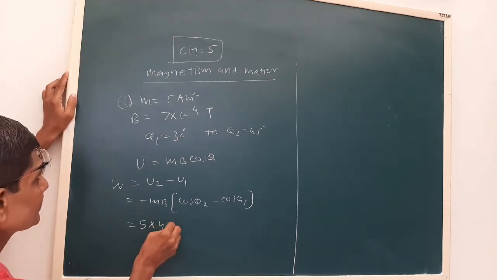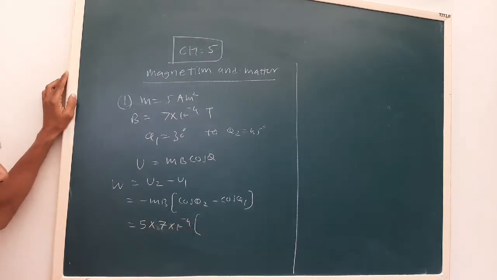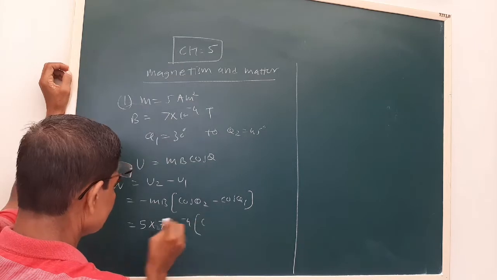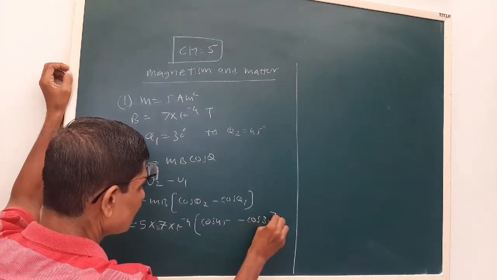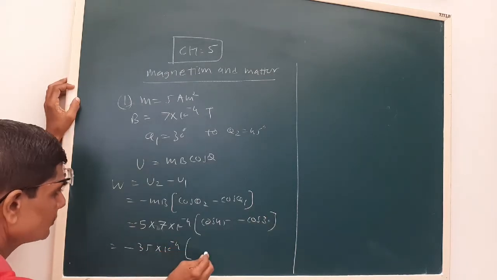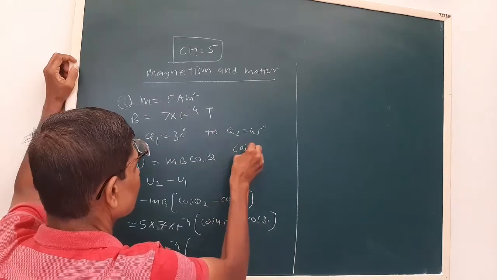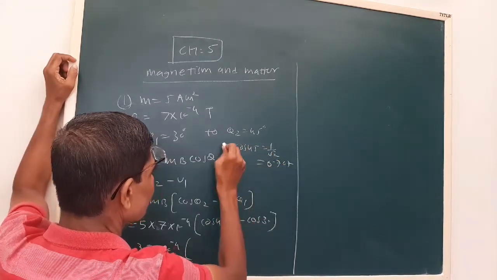Now cos 45 is 1 upon root 2, that is 0.707.